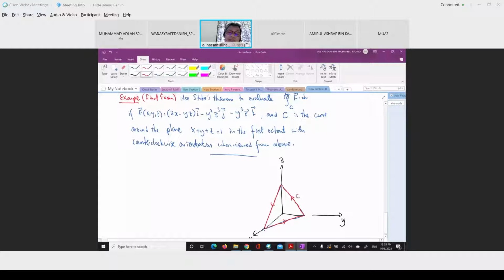So this is the curve C, and the surface sigma is here, which can also be written as z equal to 1 minus x minus y. So this is our f(x, y).